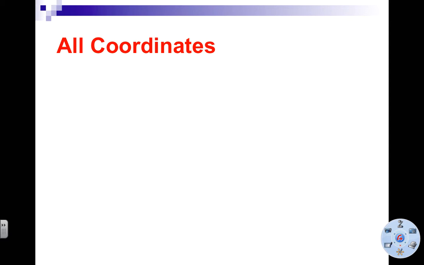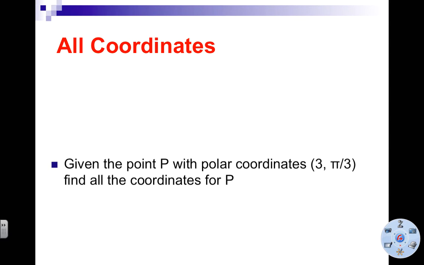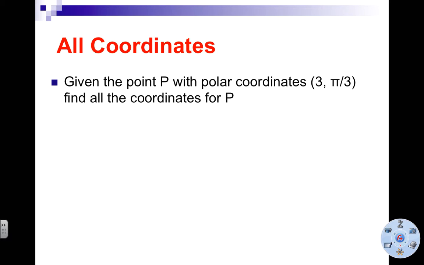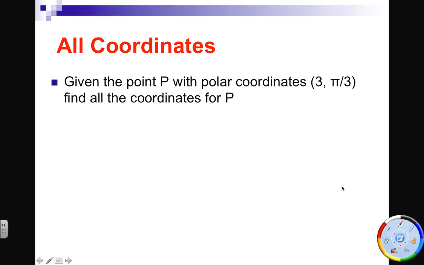Every once in a while, you're going to be asked to find all coordinates. And this has to do with coterminal angles. You might remember that from trigonometry from last semester. If you were to be looking at a coterminal angle, let's think about π/3. π/3 is right here.